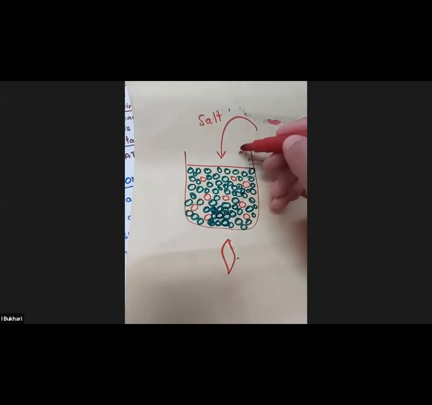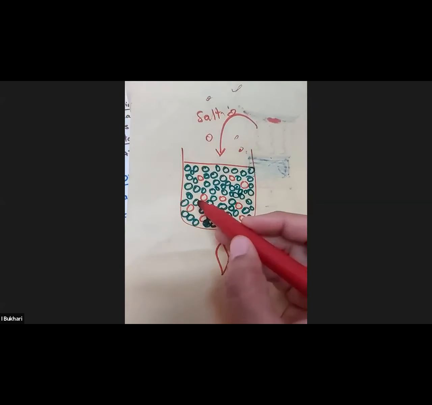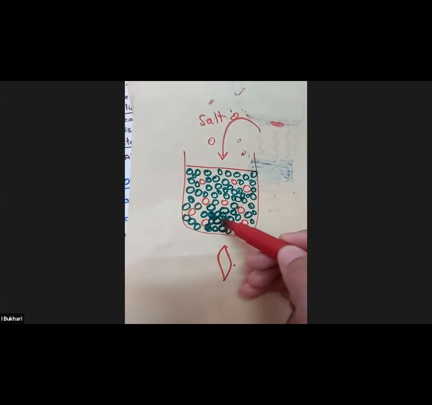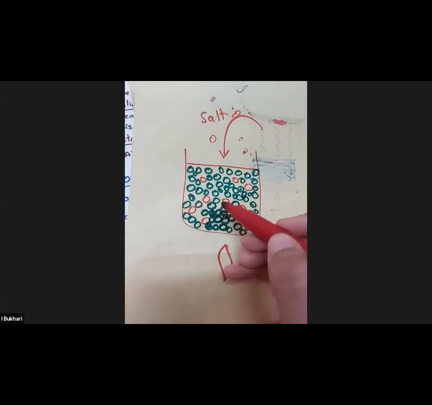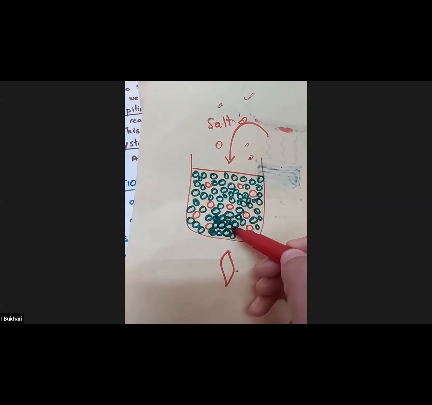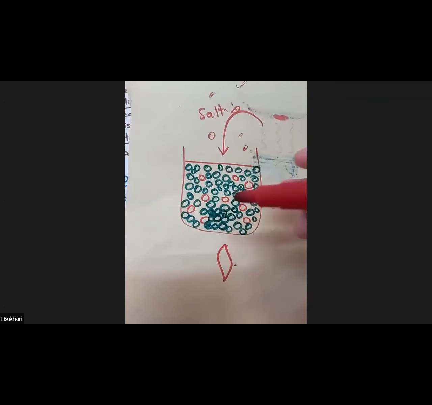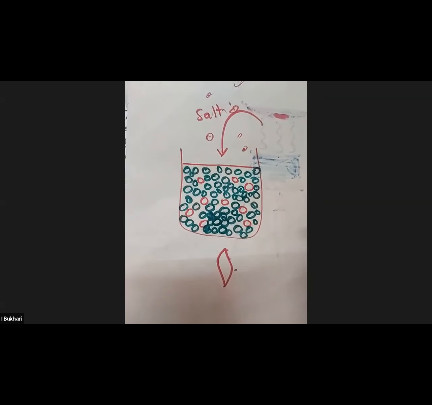And as the water molecules leave, there is less intermolecular space. There is no space in between the water molecules, and so these ions of the salt do not have space to accommodate themselves, and that is why they start arranging themselves in the solid form, and that's when we start seeing the crystals.